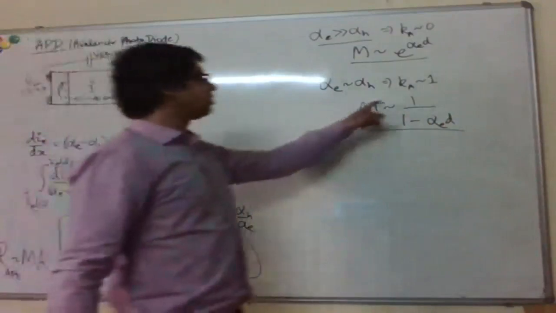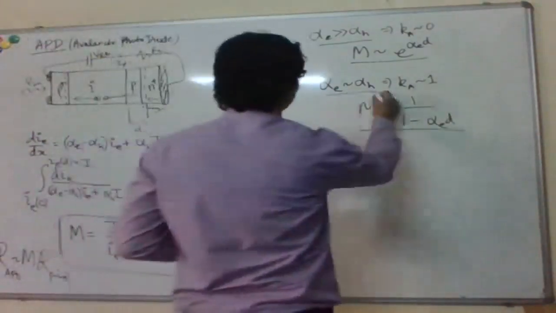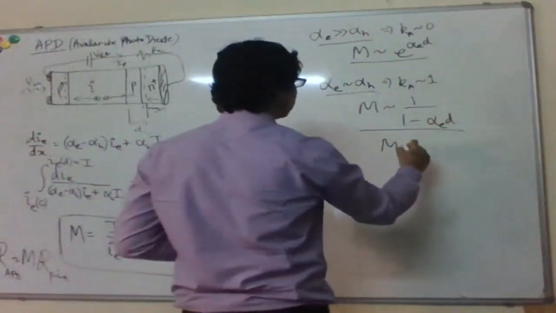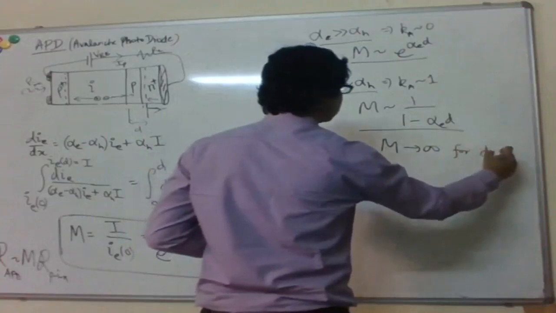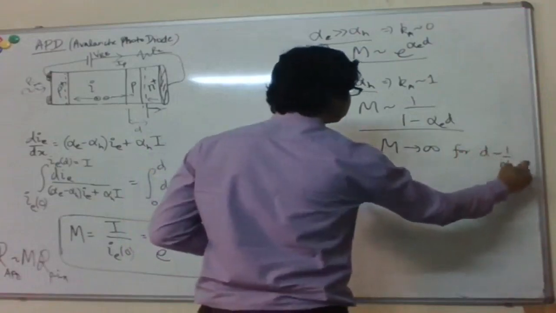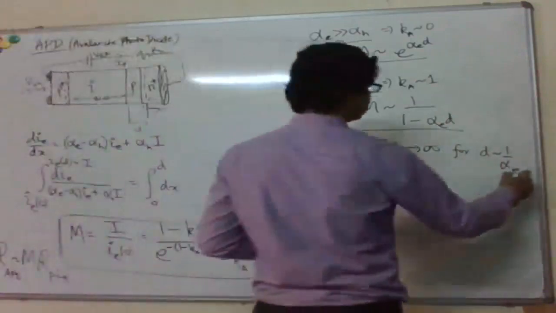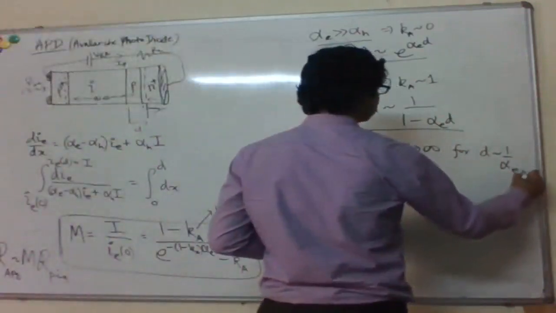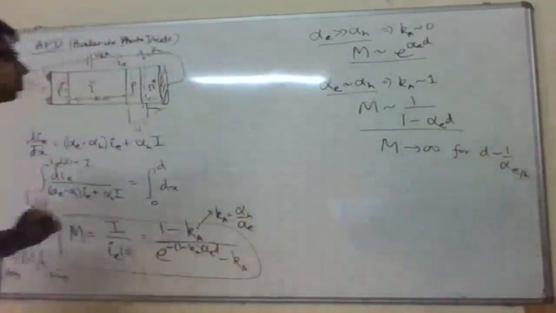Now there's almost an inverse dependence on the thickness. And M can actually shoot up to a very large value for a thickness equal to 1 over the electron impact ionization coefficient or hole impact ionization coefficient, because both of them are the same.